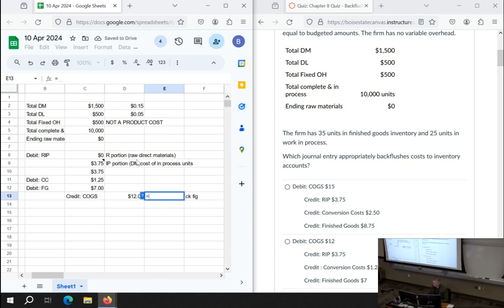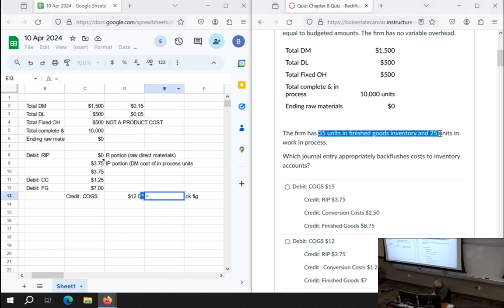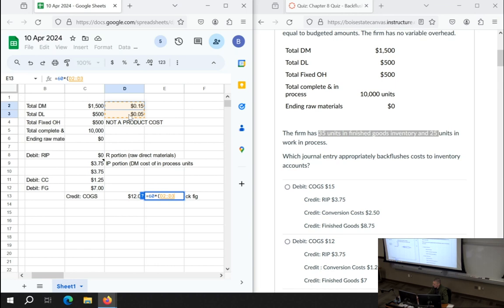You can calculate it by saying, well, between our RIP, our conversion costs, and our finished goods accounts, we're going to include all product costs for all the units we counted, raw, finished goods and in process. So all 60 units here, 35 plus 25 is 60. For all 60 units, we're going to multiply them by each product cost related rate.